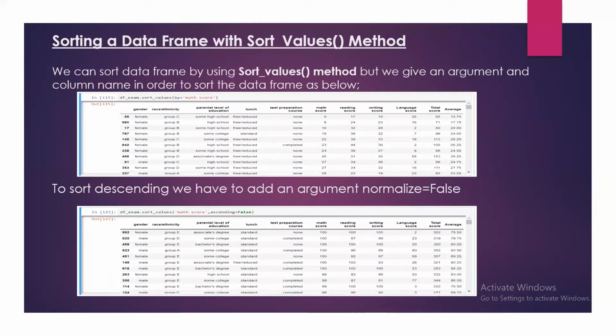We can also sort the data frame by using the sort values method. We give an argument with column names in order to sort the data. For example, if we want to sort the data by male and female, we can do this using sort values.